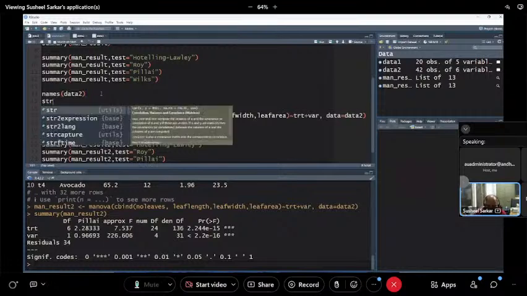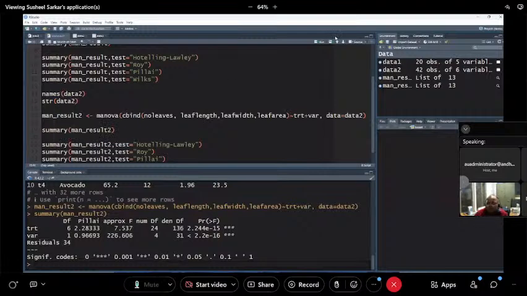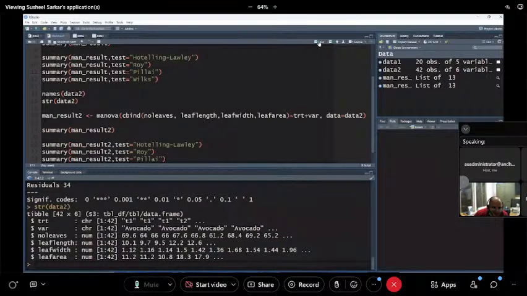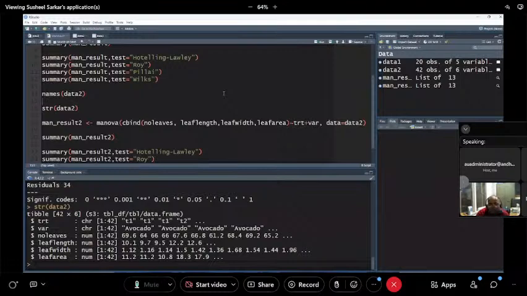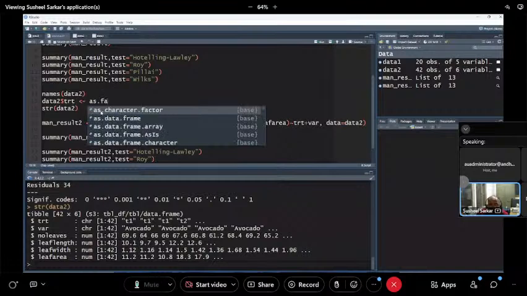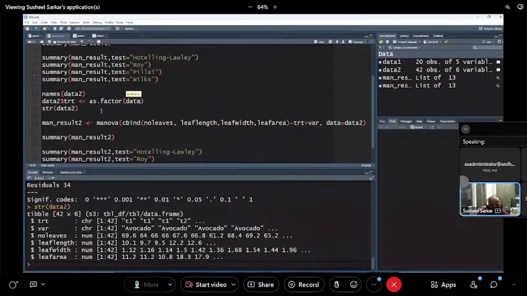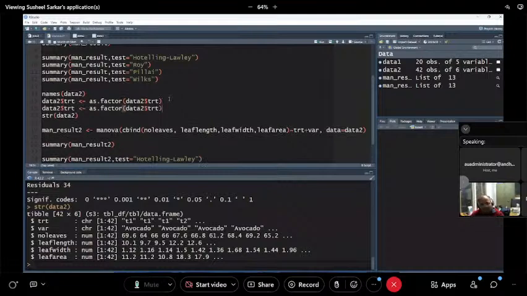See, data 2 dollar treatment, assignment operator, write as factor and data 2 dollar TRT.